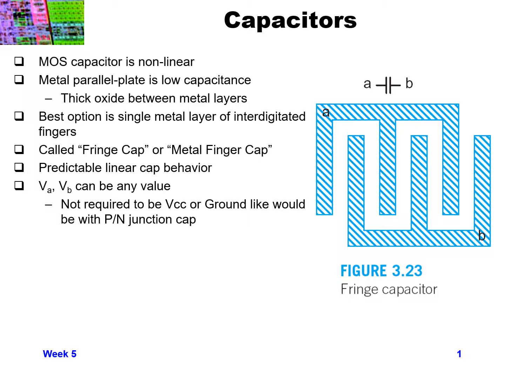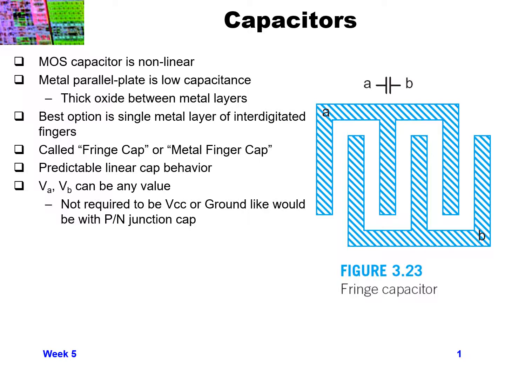So the best option to use is using a single metal layer. We can do interdigitated fingers of a single metal layer. Especially in the lower metal layers, we have the spacing between one metal line and the next neighboring metal line.